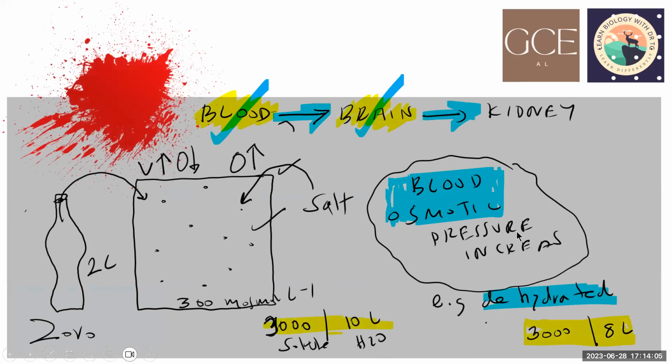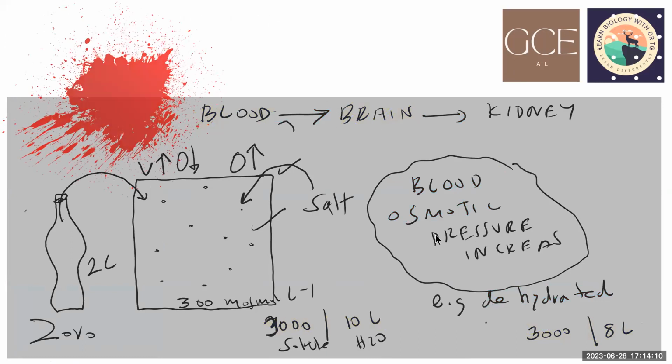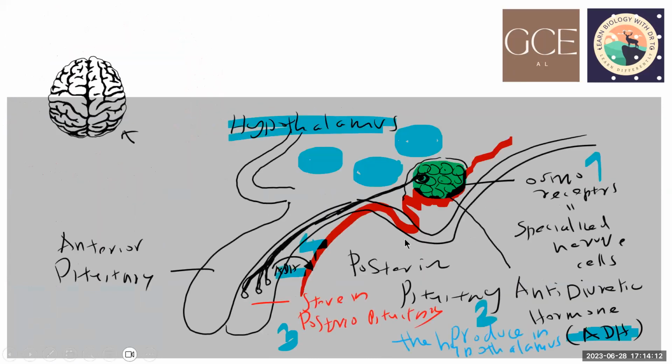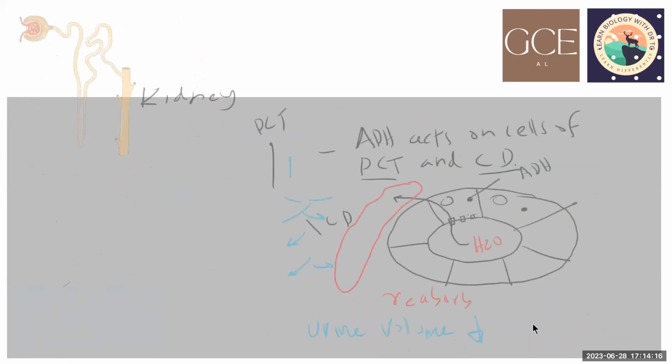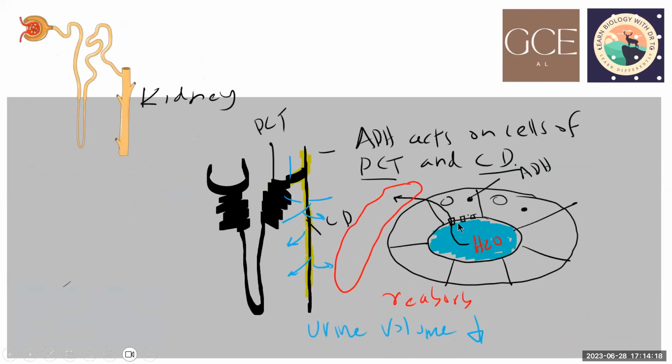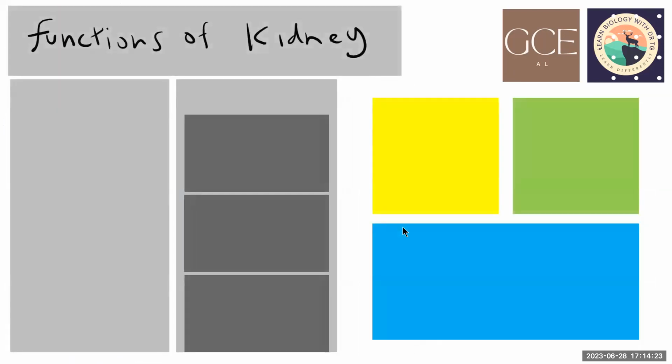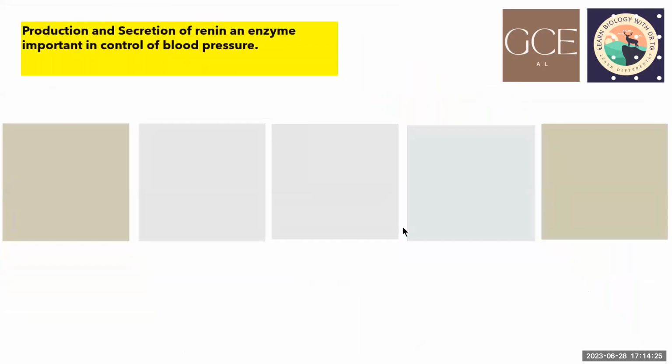So we learned all these things: blood, brain, and kidney, regulation of water, involvement of the hypothalamus and pituitary and the ADH hormone. ADH water regulation is a very important thing in this lesson. And this function today we're going to learn.